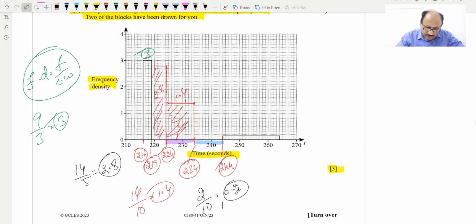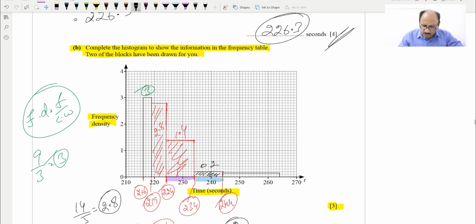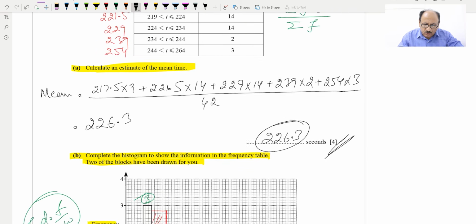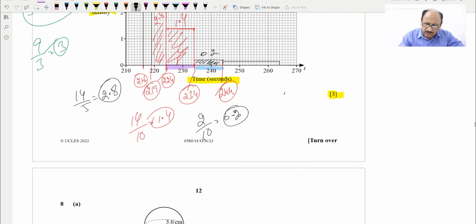So 0.2 will be only up to this bar, and we can show this bar over here. And the last one is already shown, which is 3 divided by 20. So 3 divided by 20 is equal to what?